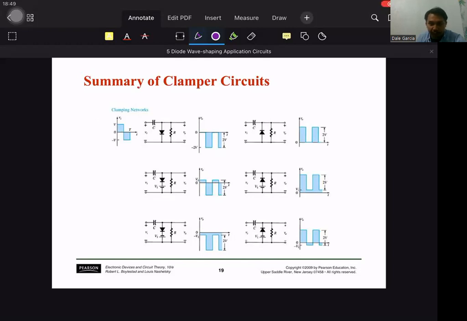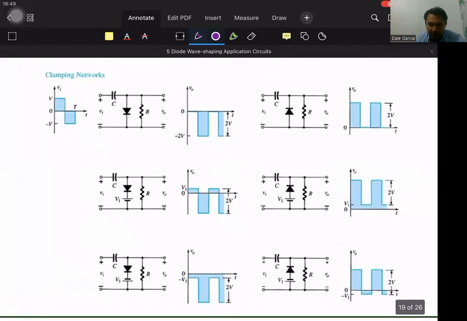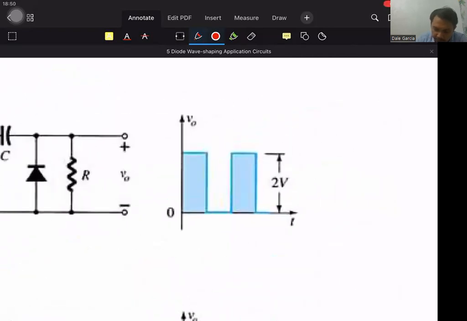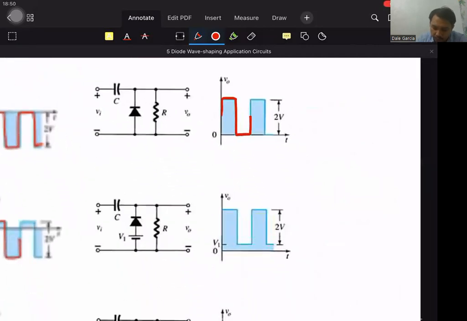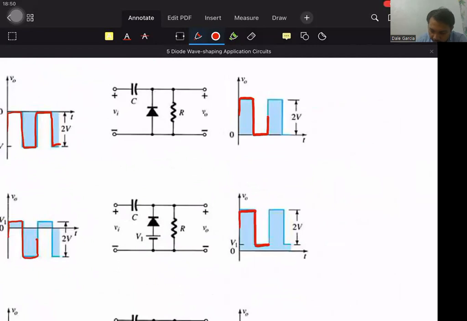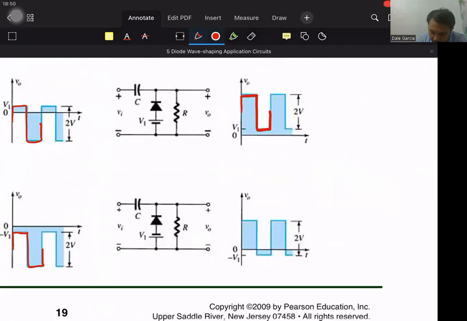Again, clamper circuits are composed of capacitors, diodes, resistors, and batteries, mixed in different combinations. Again, the shading might be confusing, but compare with the original signal. Here it shifts upward, here downward, here more upward, and here downward.